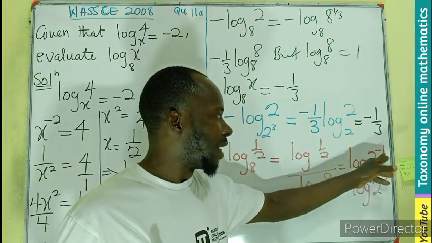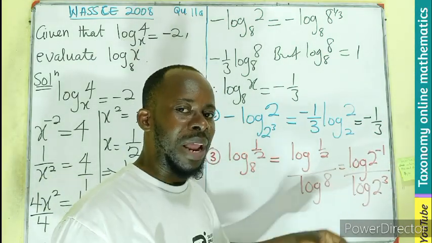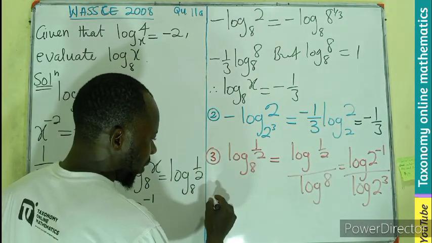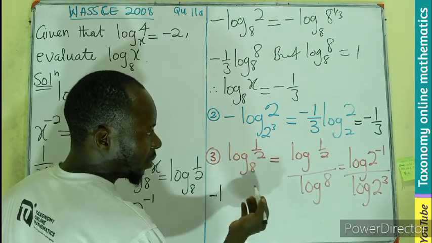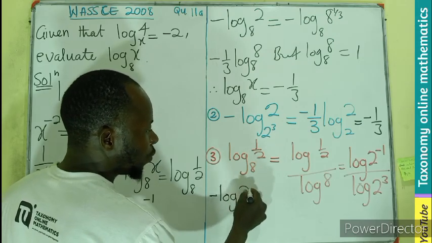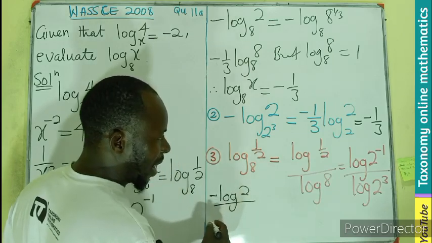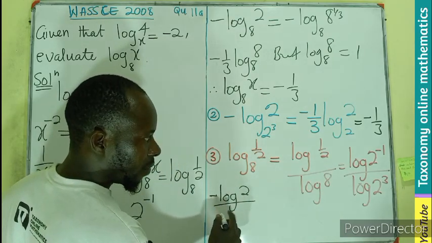So now if you bring the powers out to multiply, you'll be having negative 1 times the log of 2 base 10, right? Divided by, what are we having there?